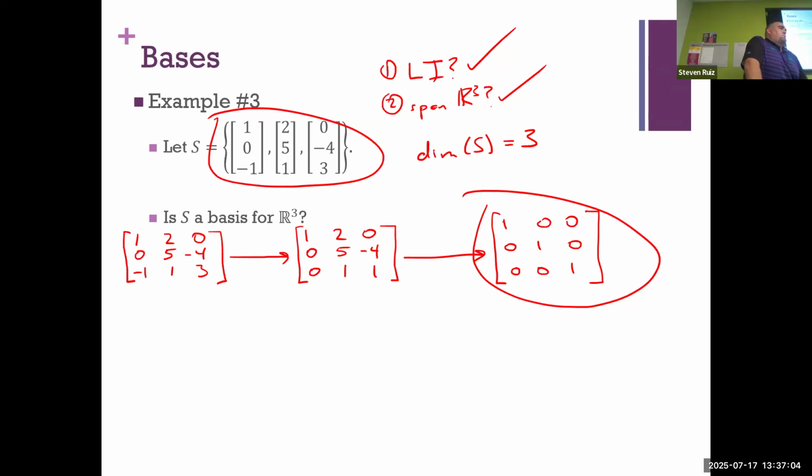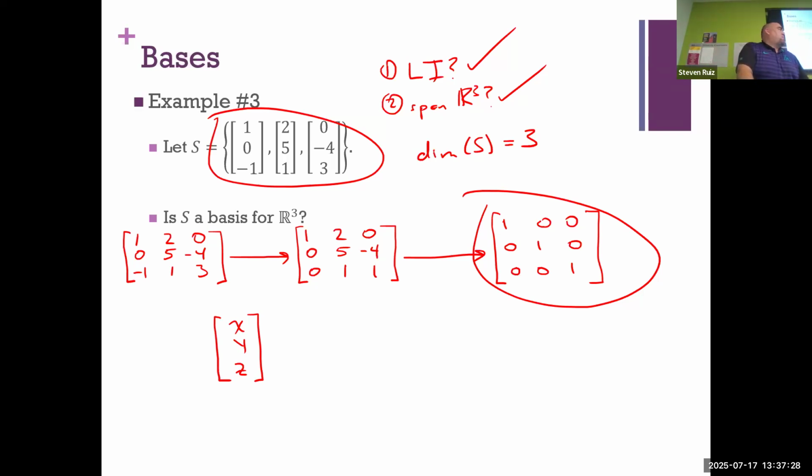Again, what does R3 represent? R3 is basically all of 3-dimensional space. So when we talk about it in vector form, it is all the vectors that look like this, X, Y, Z. So both the thing I circled and the two things we circled, those are both bases for R3.